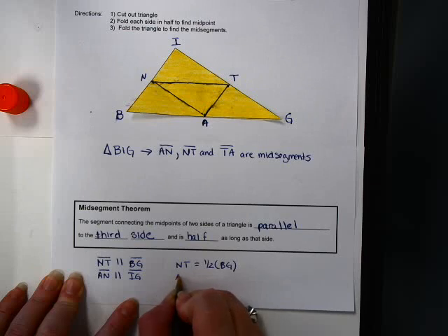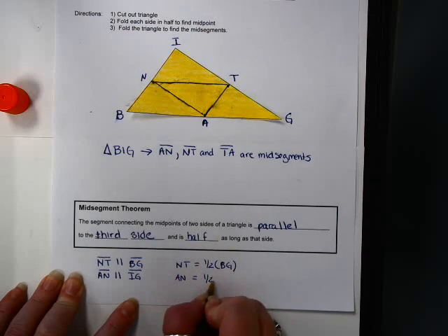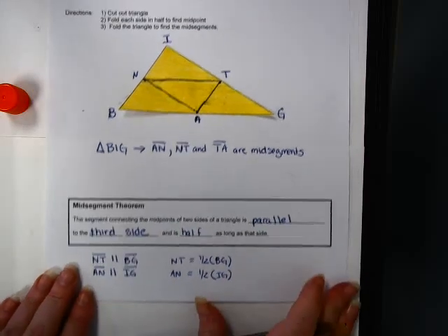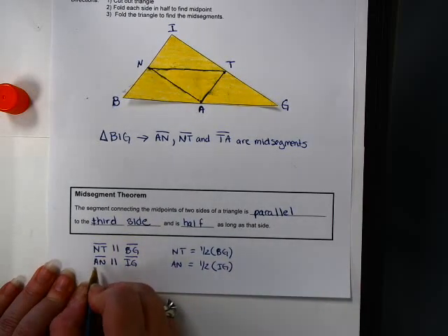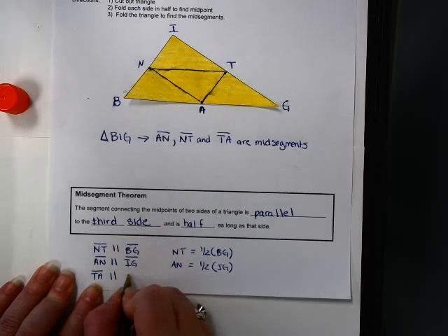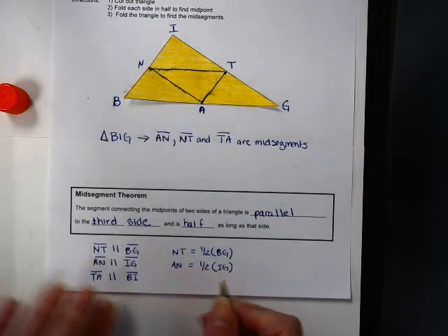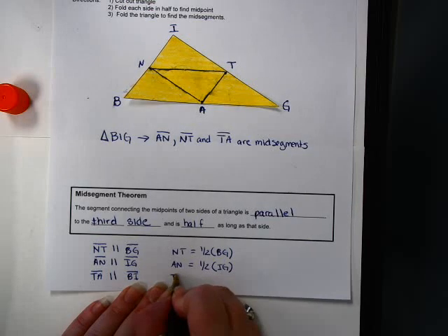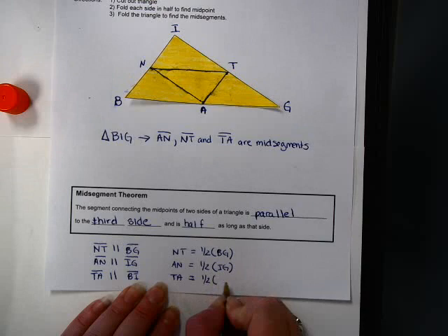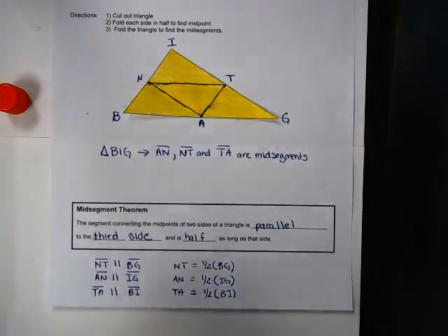I know that AN is equal to half of IG. And then finally, AT or TA is parallel to BI, and that TA is equal to half of BI. Alright, now for page 2.